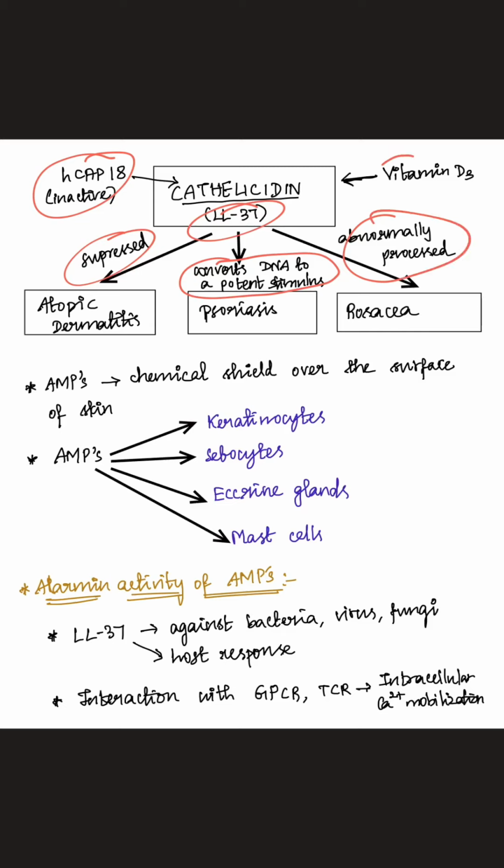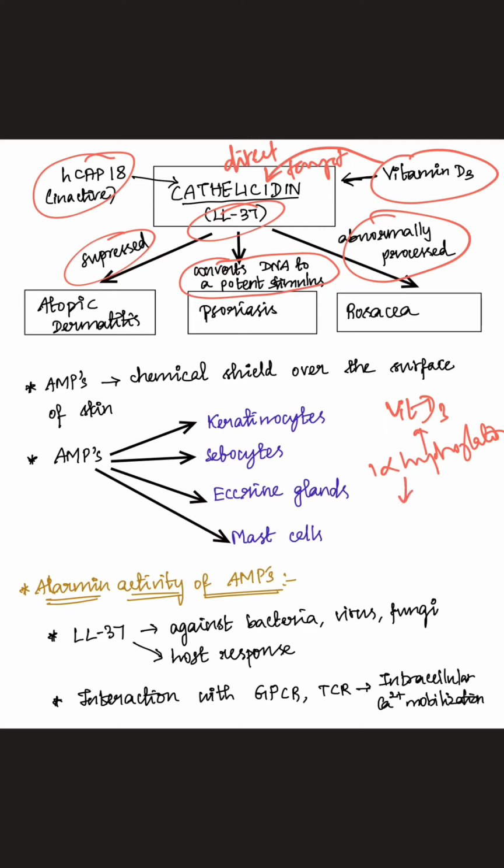So what role does vitamin D3 play in this cathelicidin? This cathelicidin is found to be a direct target of vitamin D3. How this happens is, this vitamin D3 has to undergo a 1 alpha hydroxylation step for its production, and this 1 alpha hydroxylation step is dependent upon CYP27B1.